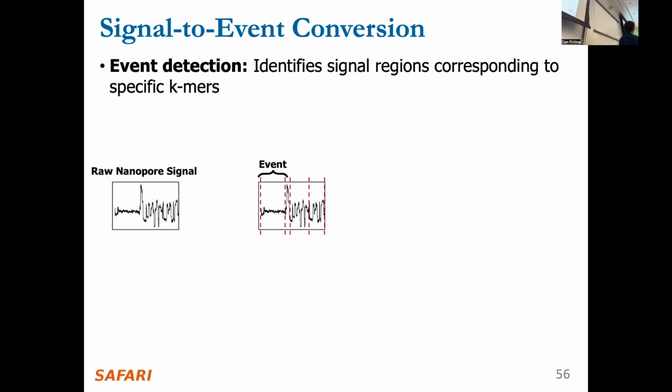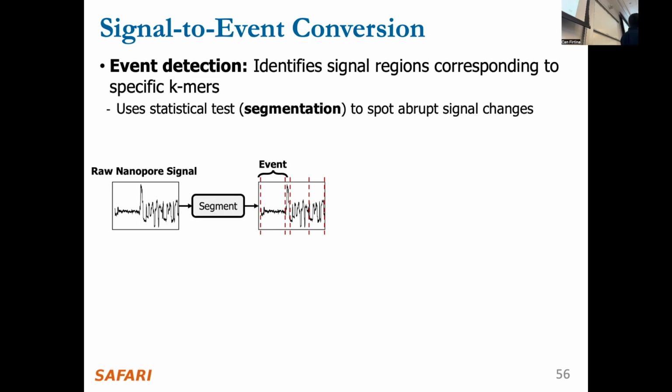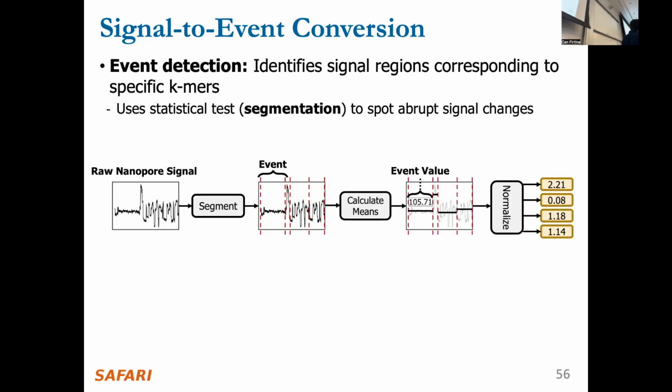Then we also convert the raw signals to events, because we just converted the reference genome to events from their k-mers. To do this, given a signal, we perform segmentation, which is a statistical test that identifies these abrupt changes in the signal, which are our events. Then we calculate the mean and normalization and so on.